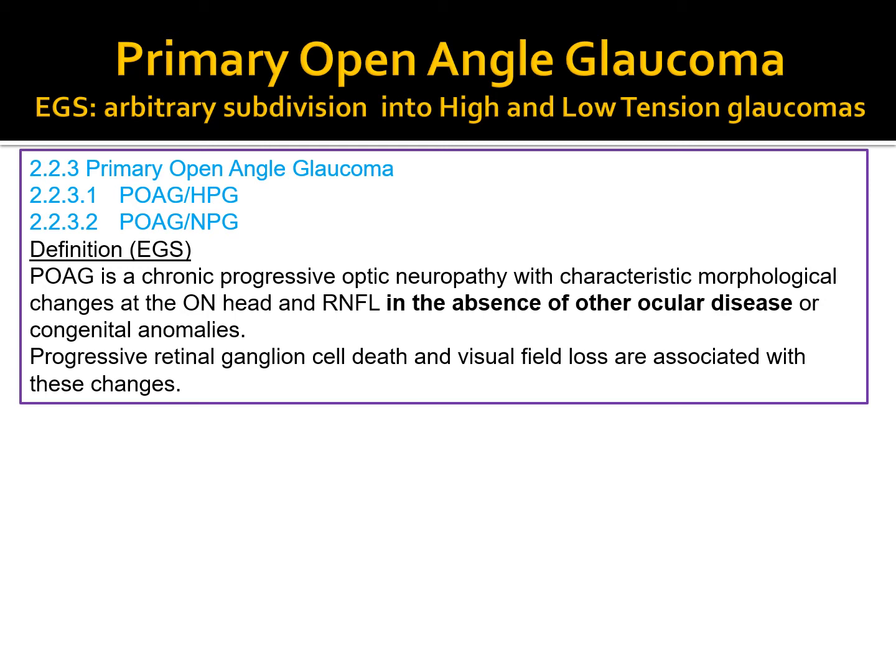That's important. Progressive retinal ganglion cell death and visual field loss are associated with those changes. And I think in the next 2 lectures, we'll talk about looking at glaucoma when you investigate a patient in a systematic way.